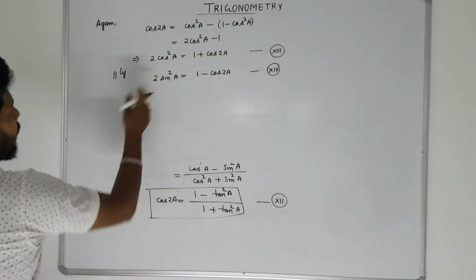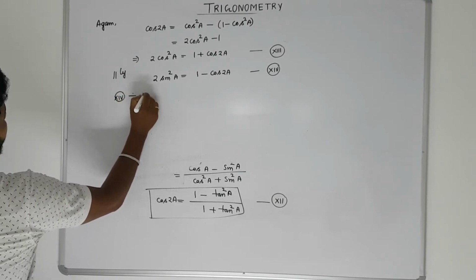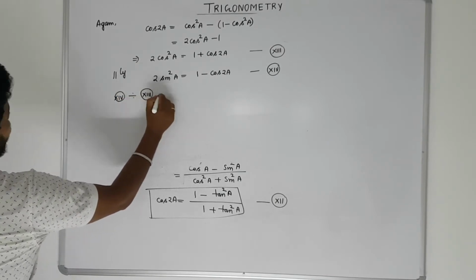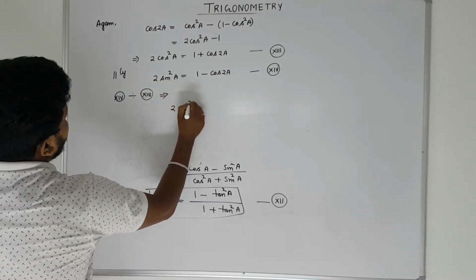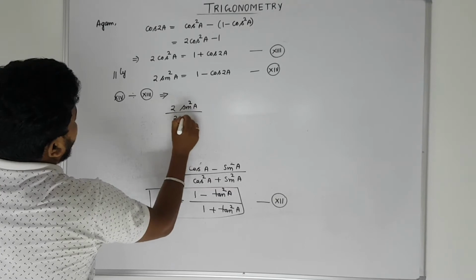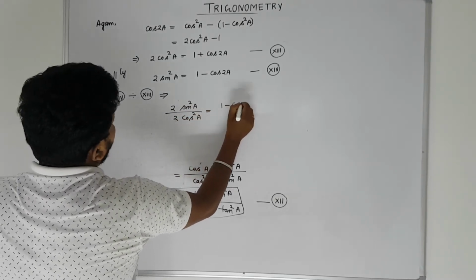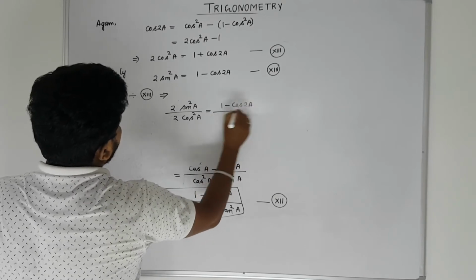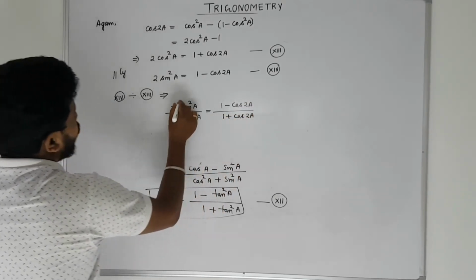Now, dividing number 14 by number 13, we will get twice sin square A by twice cos square A equals 1 minus cos twice A by 1 plus cos twice A. 2 cancels.